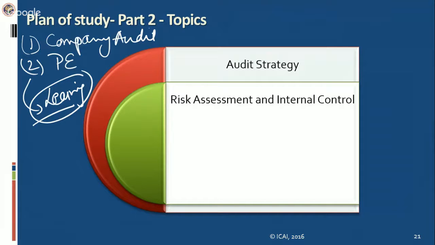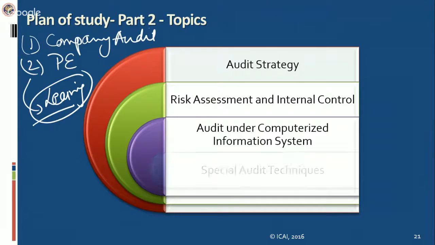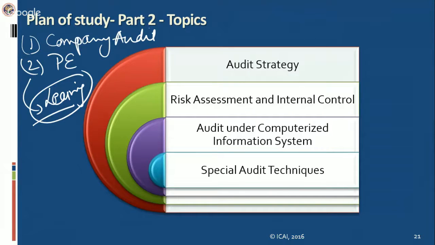And say, balance 17-18 chapters, the strategy is basically to read in such a manner: audit strategy, risk assessment, audit under computerized system, special audit techniques. For these chapters, you need to learn the definition part.